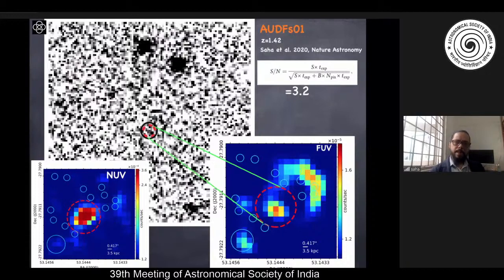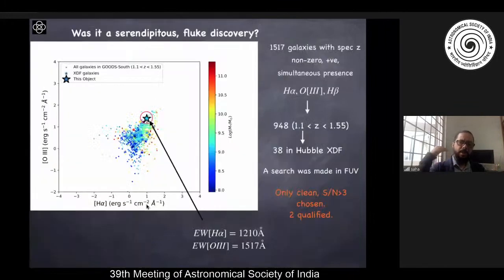This is how the galaxy looks in far ultraviolet, detected with a signal to noise of only 3.2. But in the NUV at the simultaneous location, it has a signal to noise of 10, a much better detection. So this is the simultaneous detection in some sense, but the important part is the detection in the far ultraviolet.